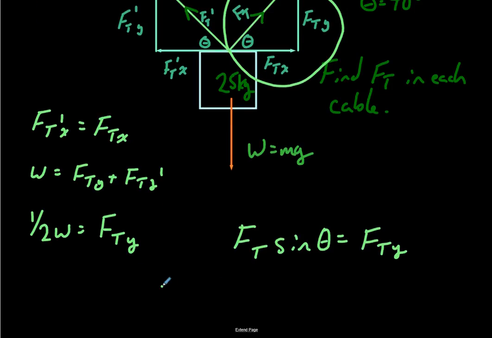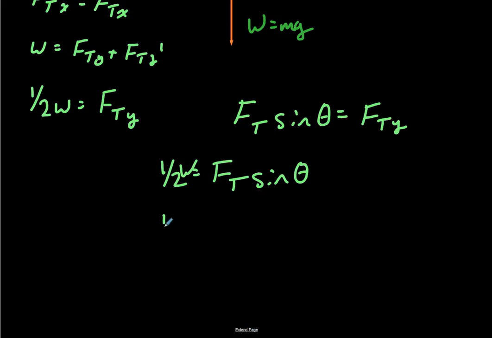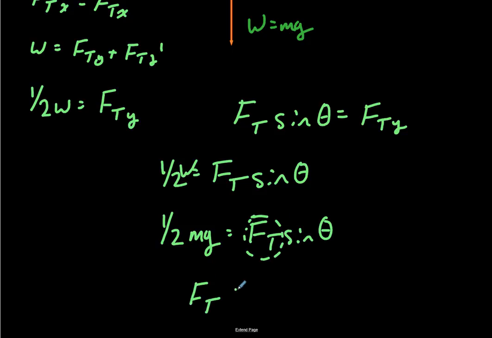We'd say this: half the weight should be equal to Ft sine theta. Okay, or 1/2 mg equals Ft sine theta. And what we're really after is this value right here. So rearranging that formula then, Ft equals 1/2 mg divided by the sine of theta.